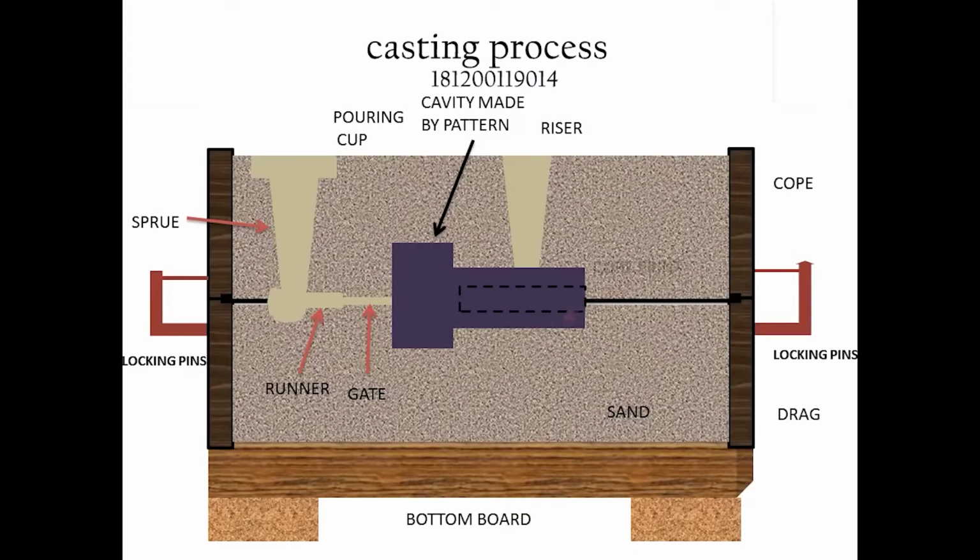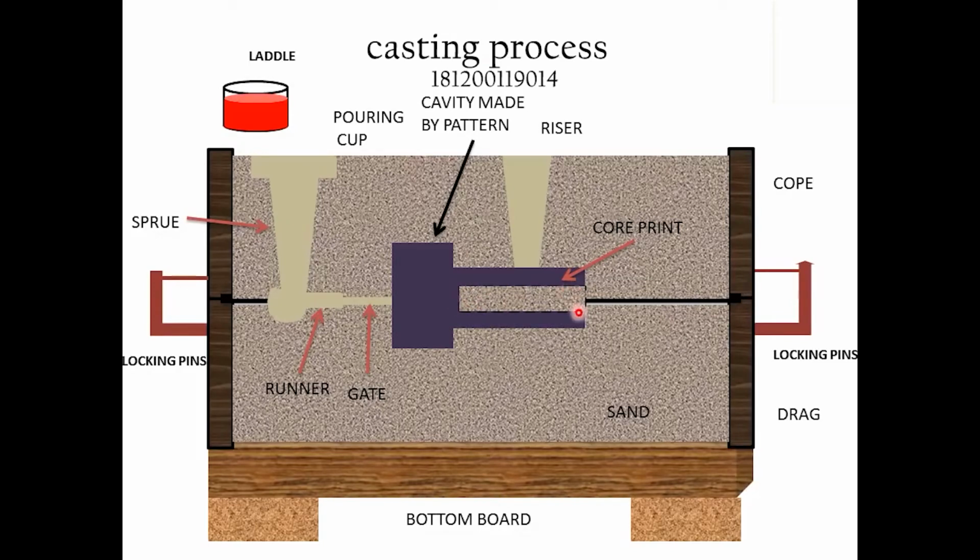This is the core print, which means this is the hole in the cavity. This is the ladle for giving molten metal to the pouring cup. This is the core placed in the cavity so that the hole will be made in the final product.